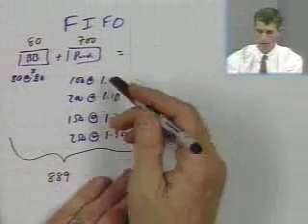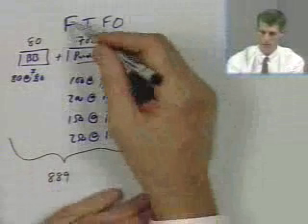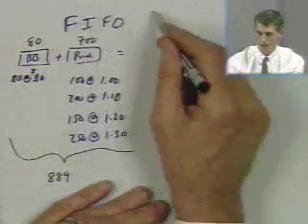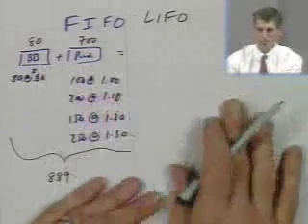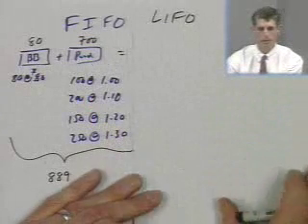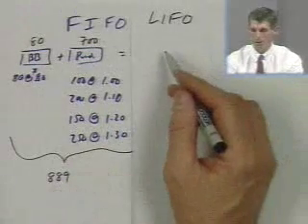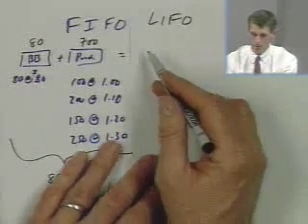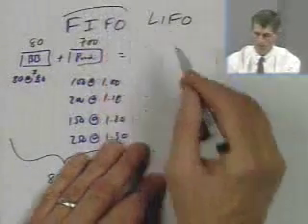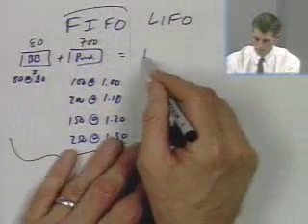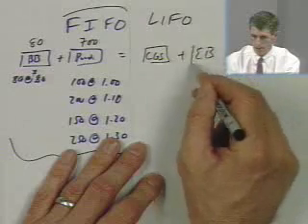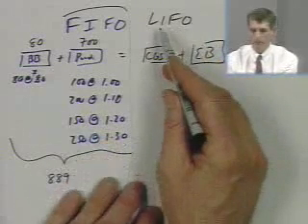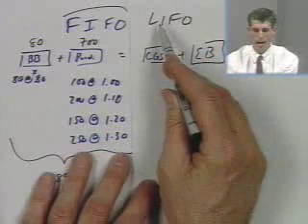Now instead of doing FIFO, let's say we're doing LIFO. But we have the same purchases made during the period. So now LIFO, we have cost of goods sold plus ending balance. But if we use LIFO, what happens?